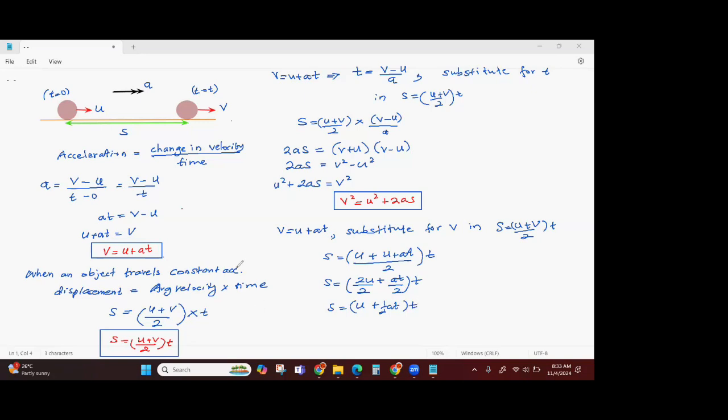Then I can multiply with the time, so I get s equals u into t is ut plus half into a into t squared, half at squared. So this is the fourth equation.